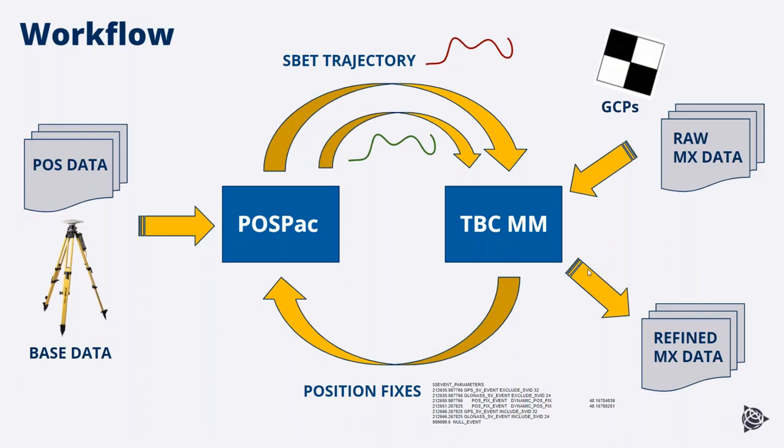We can export the data to Trimble MX or Topo DOT or whatever. So basically, compared to the usual workflow, we are just doing another loop between TBC and postback, another iteration of the trajectory calculation. Hopefully that's somewhat clear. You will see this in the hands-on part in more detail as well.